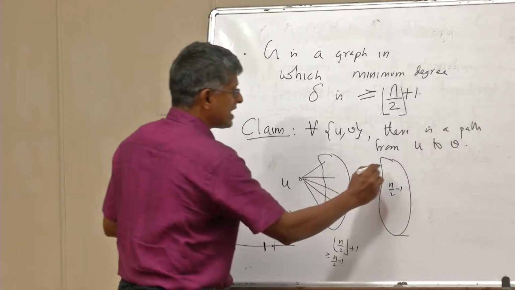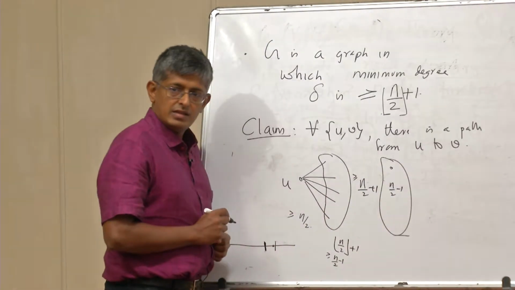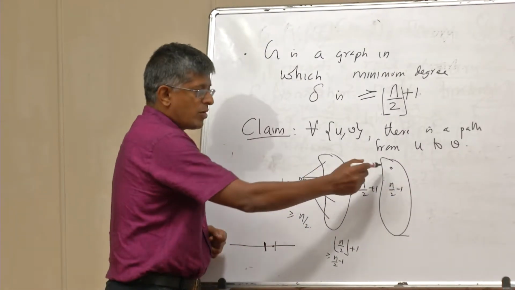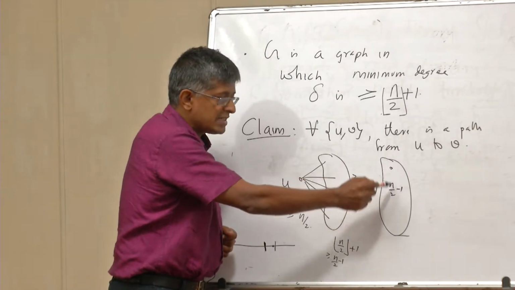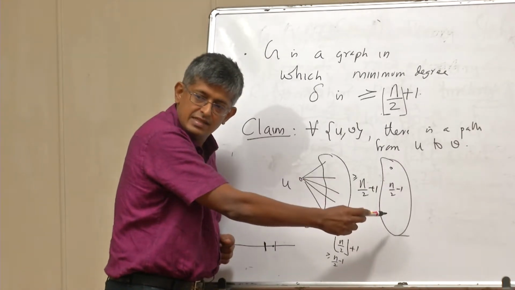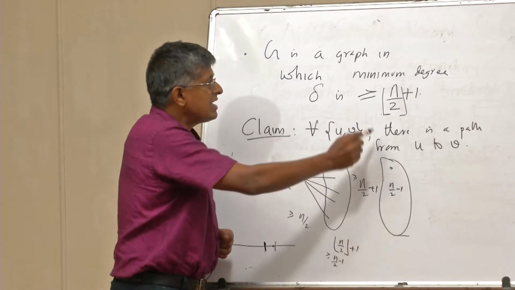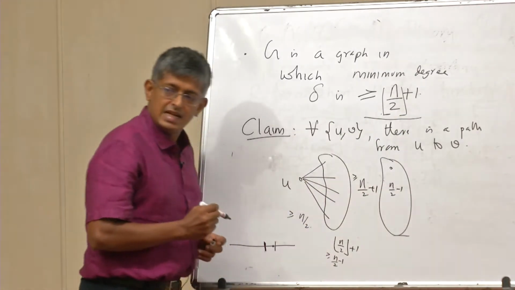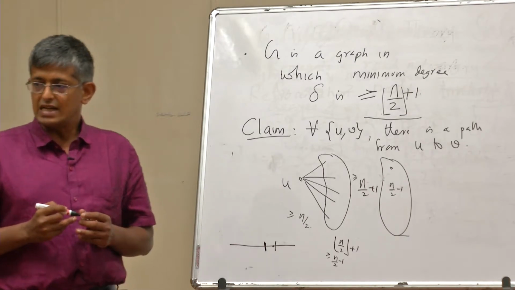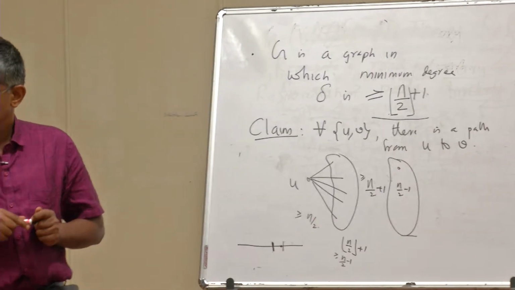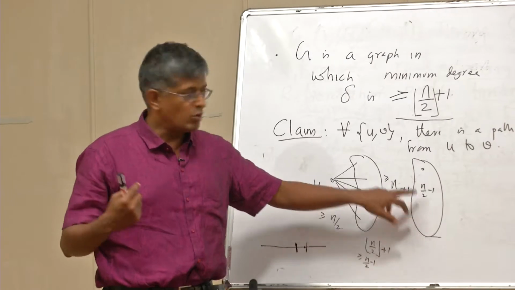So if you take a vertex here, it is not possible that all the neighbors are inside this set. Because if you say all the neighbors are inside this set, you are contradicting the premise that the degree of the vertex is at least floor of n by 2 plus 1. N by 2 minus 1 is smaller than this number.